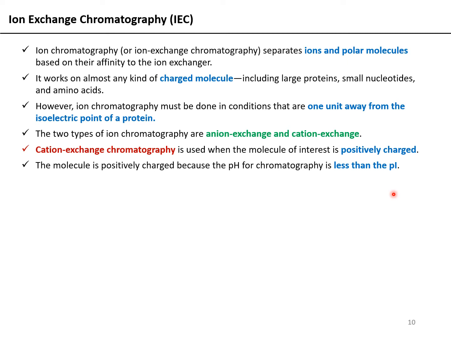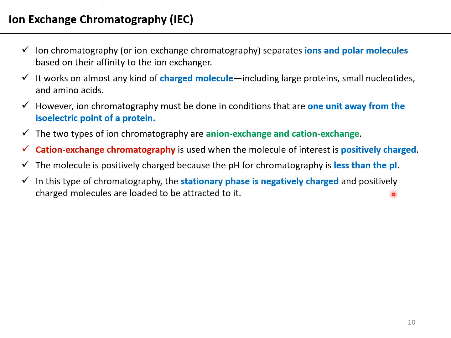So when the pH is less than Pi, that means there is an excess of protons in the solution. So most of the NH2 groups will be in the NH3 plus state, which will allow the entire protein to have an overall positive charge. In this type of chromatography, the stationary phase is negatively charged and positively charged molecules are loaded to be attracted to it. And the interaction between the column and the mobile phase proteins of interest is simply electrostatic in nature.